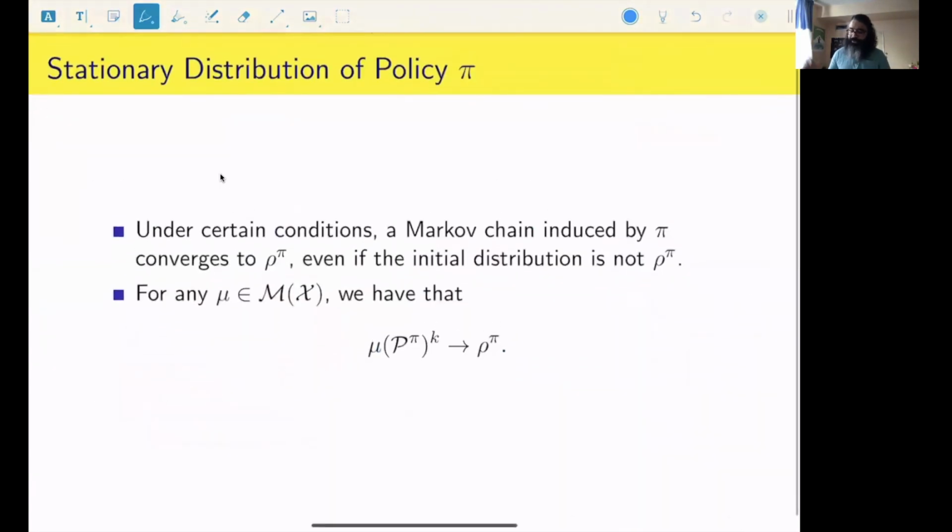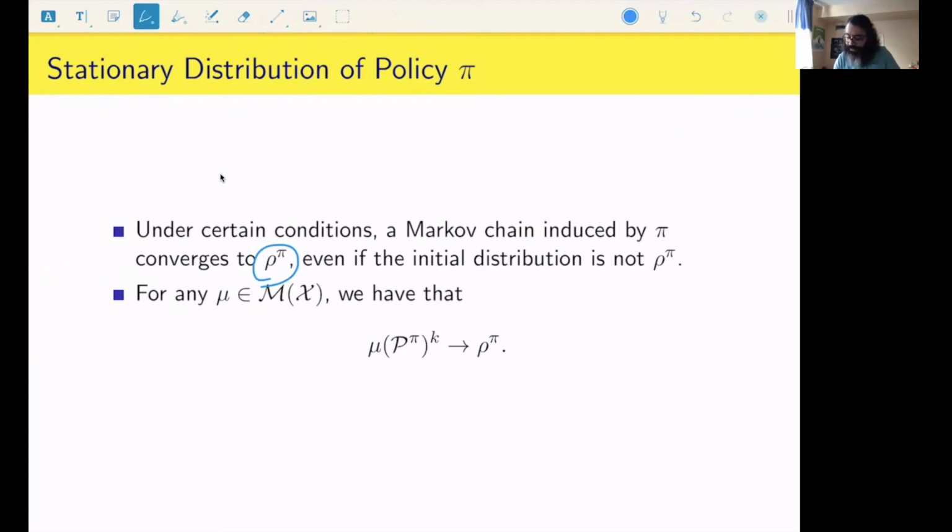Some other property of the stationary distribution is that under certain conditions on the Markov chain, essentially the Markov chain that is induced by pi, it converges to rho pi, the stationary distribution, no matter where we start, no matter what the initial distribution is.